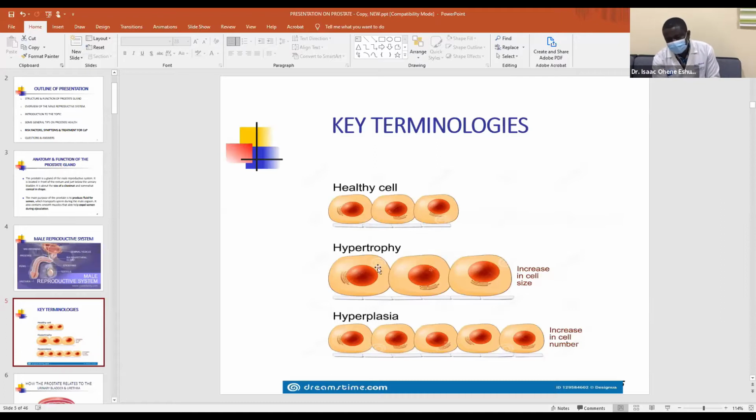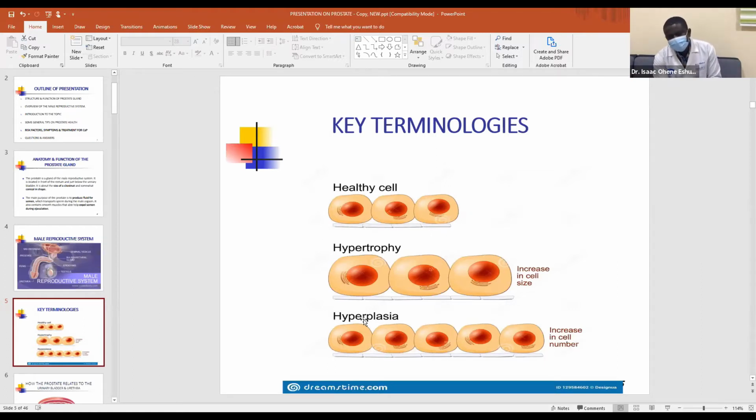When we come to the second line, we also have 3 cells, meaning the cell number has not increased, but the size of the cells has increased. So with this, we are looking at hypertrophy. In our terms, hypertrophy means the cell number is the same, but the size of the cells has increased. If before it was at 2 centimeters, now we are looking at even 10 centimeters, 20 centimeters.